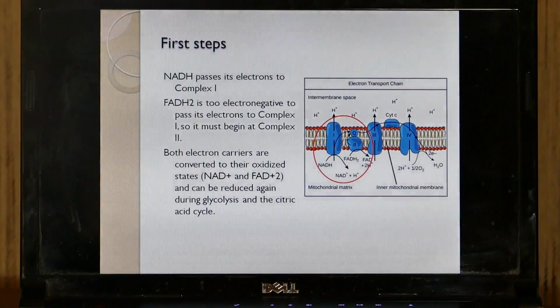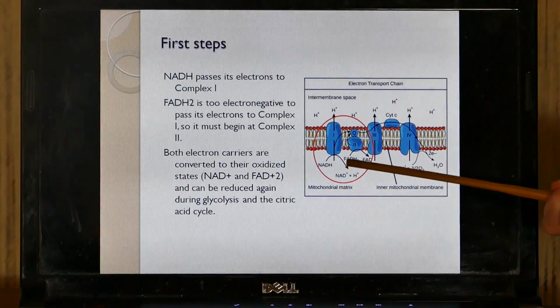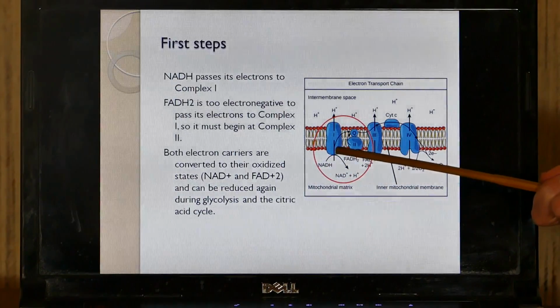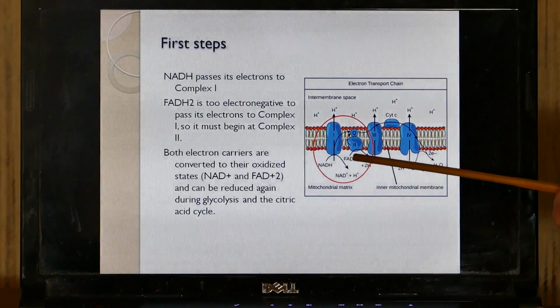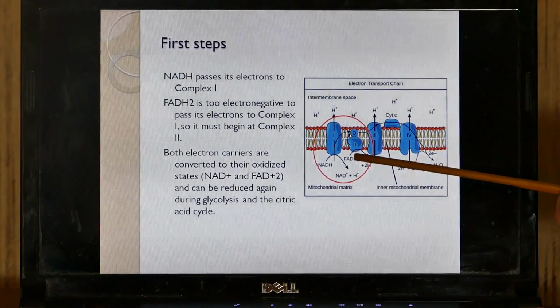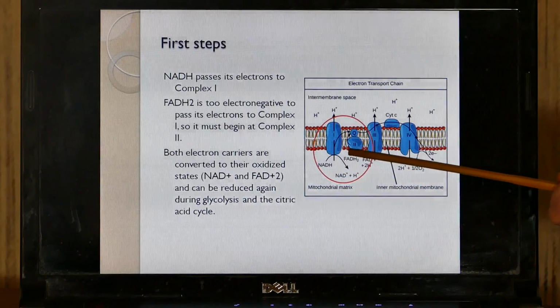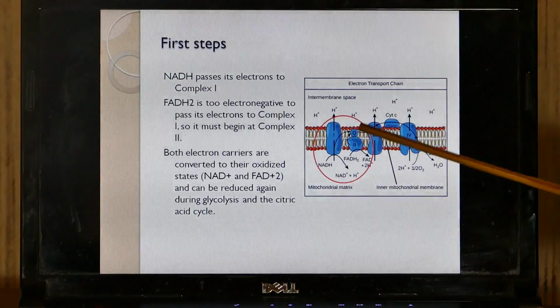So first steps here, you have NADH and FADH2 feeding their electrons, NADH into complex 1, FADH2 into complex 2. FADH2 is a bit more electronegative than NADH, so it has to feed its electrons in a little further downstream.